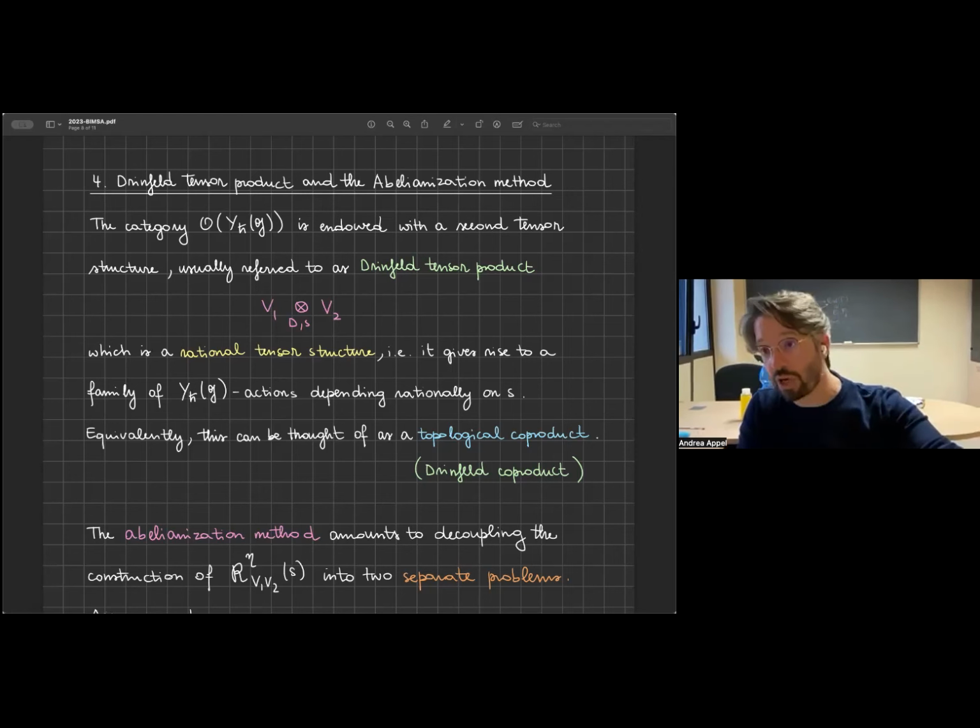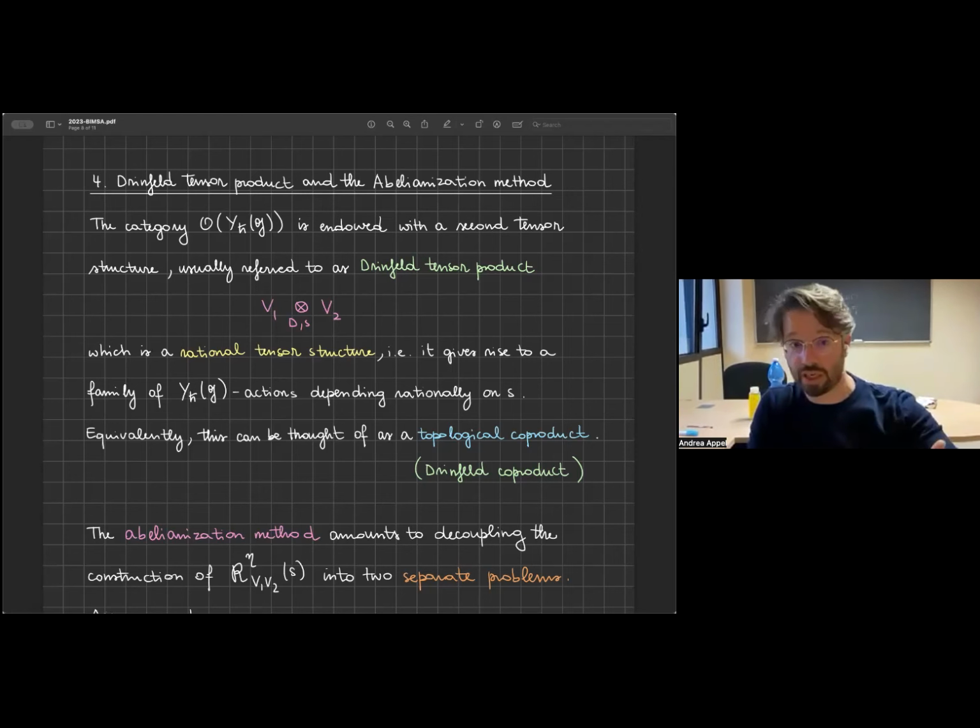This family of actions depends on a parameter S, and the dependence on the parameter S, on the other hand, is rational. So indeed, there are certain values for which, for example, this action is not defined. So there are certain values of S, probably a discrete set, such that in fact this tensor product is not defined.